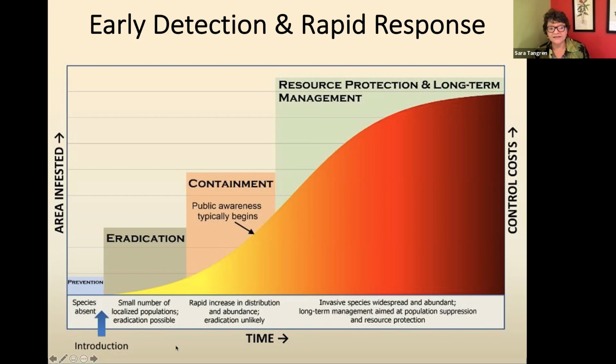So down here on this x-axis, which is time, we've got this blue arrow, introduction. The best thing, the most cost-effective thing, the least ecologically damaging thing is prevention. So in the example of the spotted lanternfly, you know, if we bought tiles that were made in the mid-Atlantic, we never would have imported the Chinese tiles that had the eggs on them.